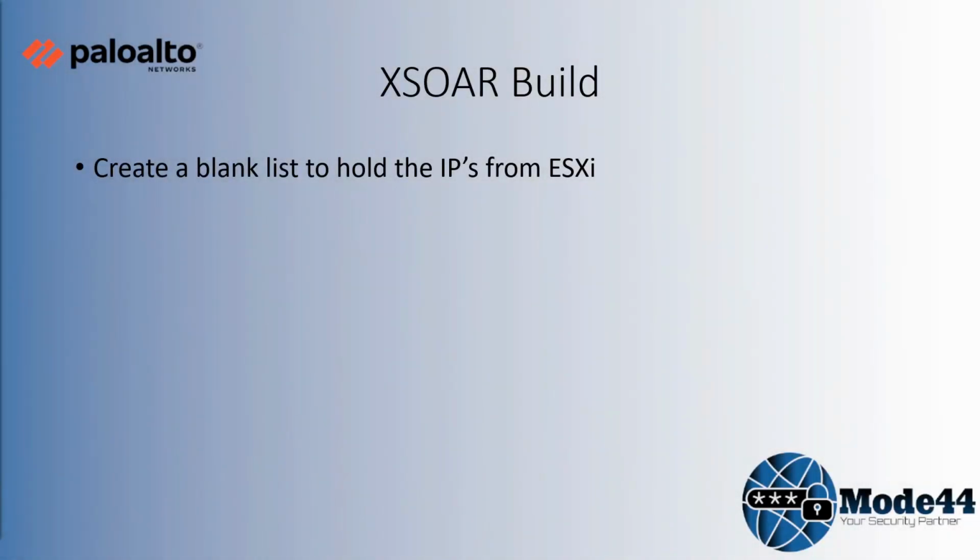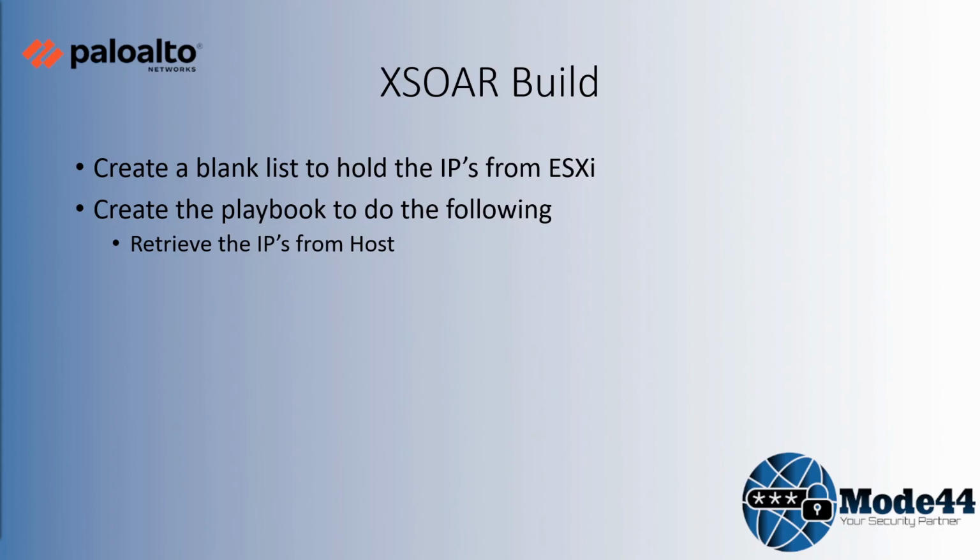So for the XSOAR build, this is the process we're going to follow. We're going to create a blank list. This is going to hold the IPs from the ESXi, and it's going to allow us at a later stage to have a reference point for IPs to remove. I'm going to create the playbook to do the following. Retrieve the IPs from the ESXi host.